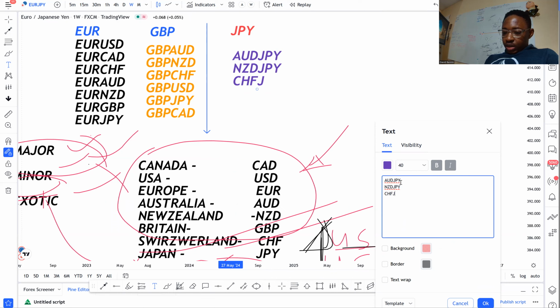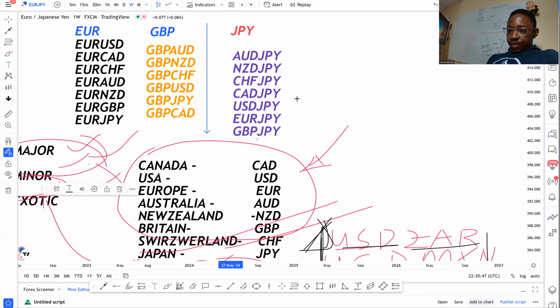CHF, Japanese yen. CAD, Japanese yen. USD, Japanese yen. Then euro, Japanese yen. We already know that when we pair euro with anyone, euro would be the first currency. And we have pound, Japanese yen.